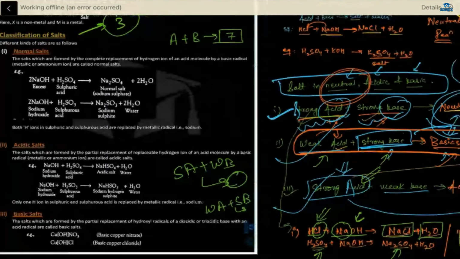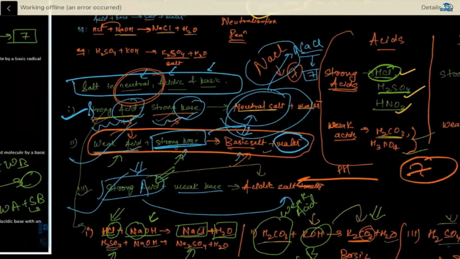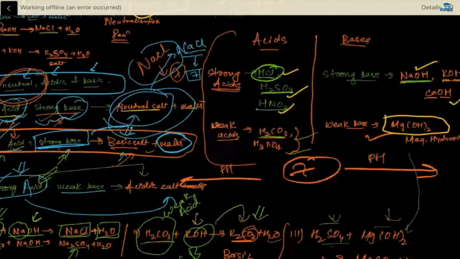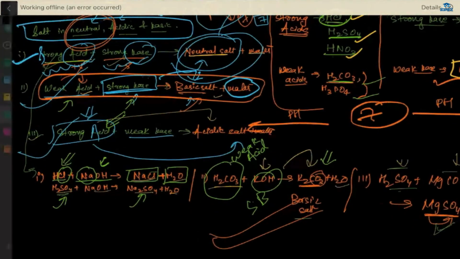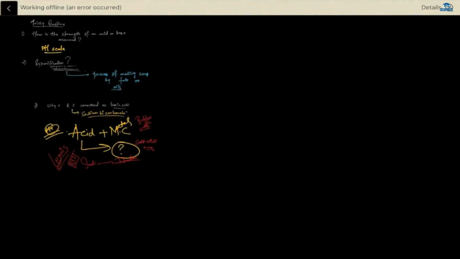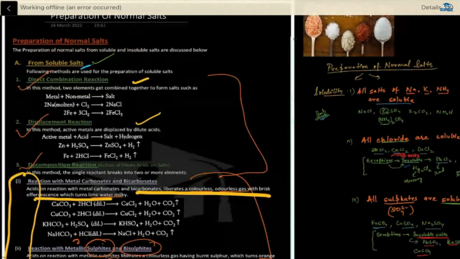Salts, normal salts, acidic, basic, strong acids, weak acids, strong base, weak base. We have discussed all these. So you have to prepare these notes also, okay, Ria? Preparation of a normal salt: how many processes are there, from soluble and insoluble?